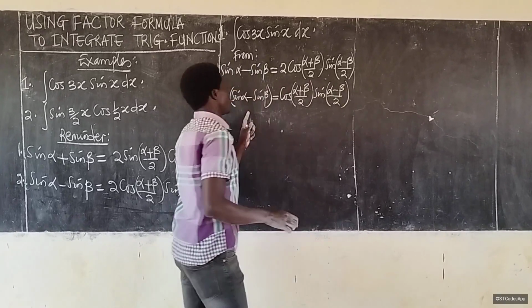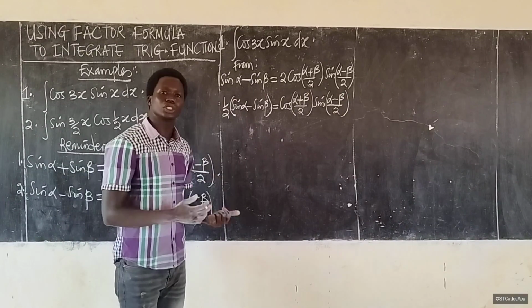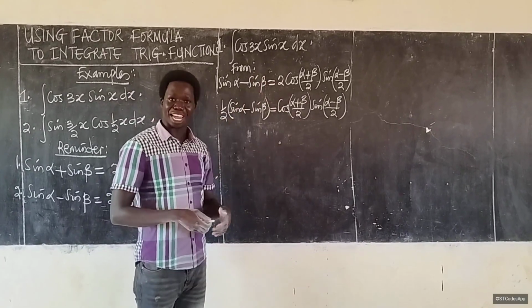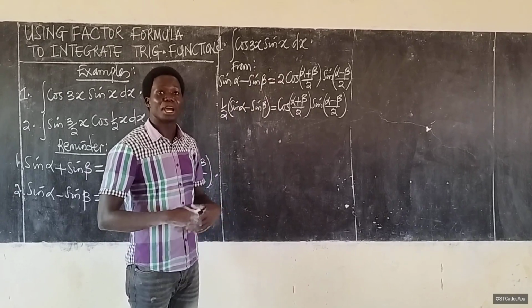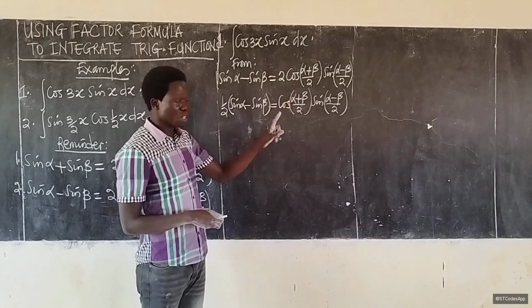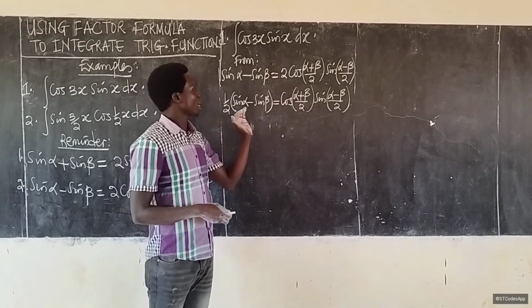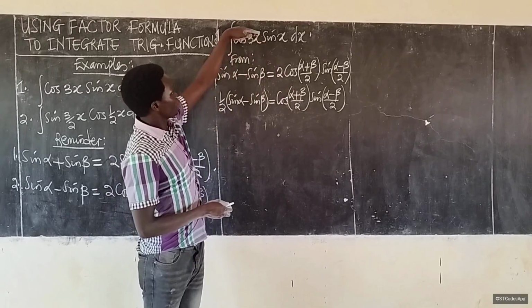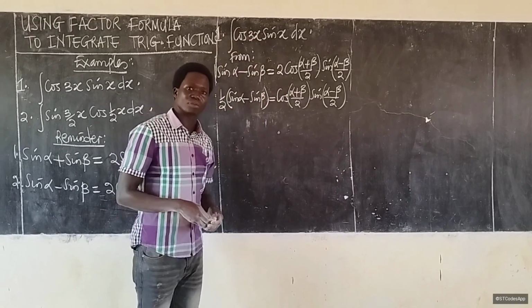Now, from this step, we are going to carry out a comparison. I want to make this similar to this, and how do I make that? By only carrying out a comparison between the two, this and this, so that we can solve for the values of alpha and beta, and when we replace them back to this, we shall have this looking like this.